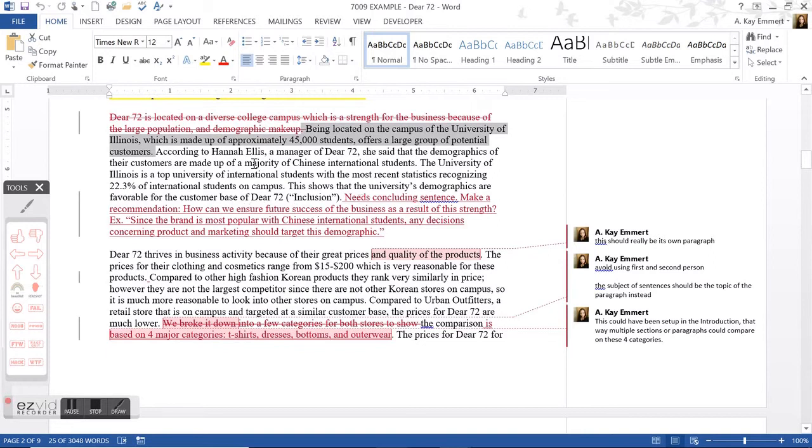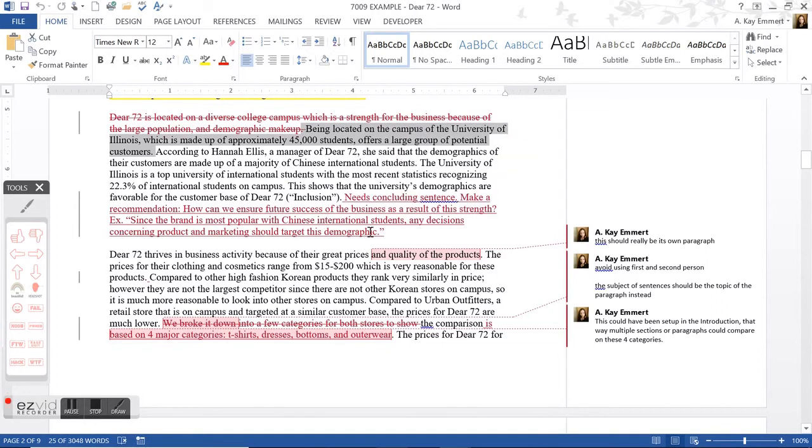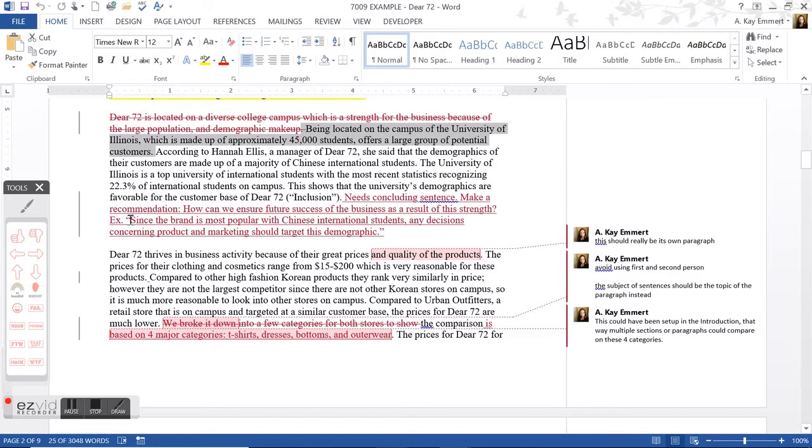And the overall purpose of this SWOT report is to make a recommendation to the business. Therefore, in the last sentence of this paragraph, I should say how the location relates to making a recommendation for the future success of this business. So for example, since the brand is most popular with Chinese international students, that's the topic of this paragraph, any decisions concerning product and marketing should target this demographic.